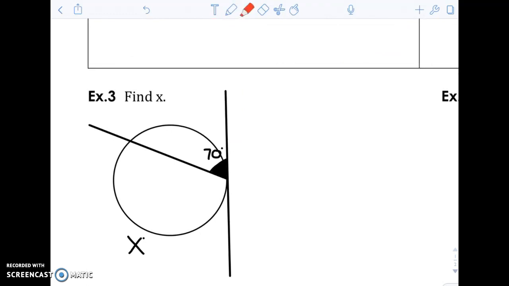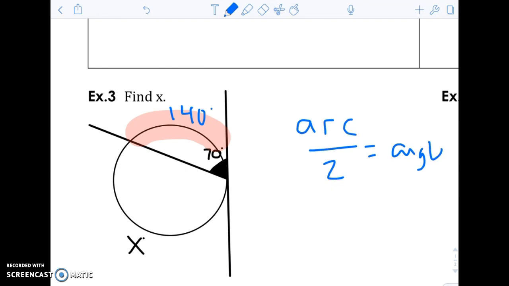I know then that this arc, since it's the one inside this angle, would be 140 degrees, because the arc divided by 2 equals the angle. So 140 divided by 2 will equal the 70 degree angle.